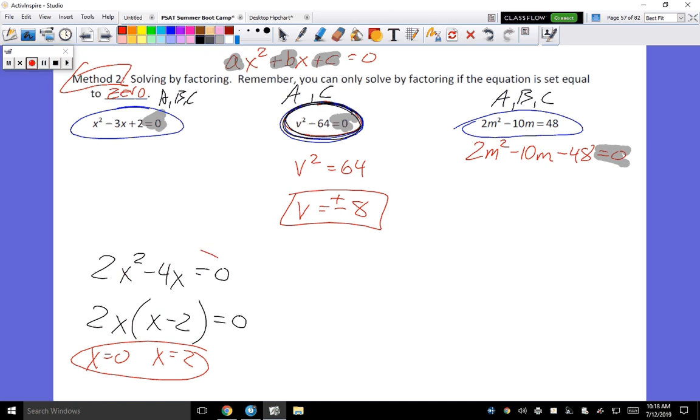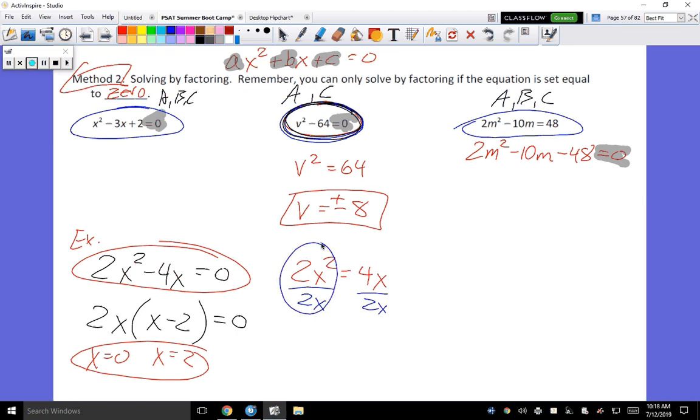Now look, people who don't know this, this is an example that I just made up just now. If they don't set it equal to 0, this is what they'll probably do. And guess what next step they're going to try to do right here? They would divide by 2x. So that this would end up becoming x, and this would become what? 2.